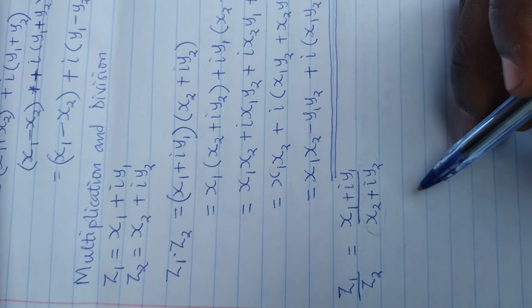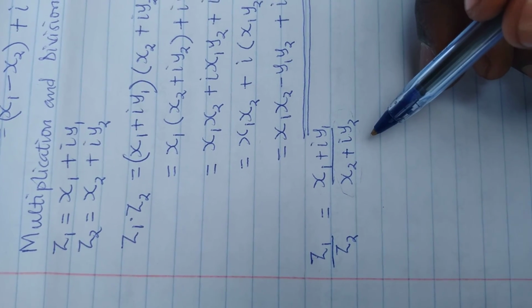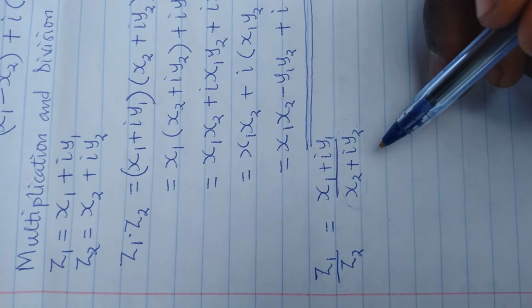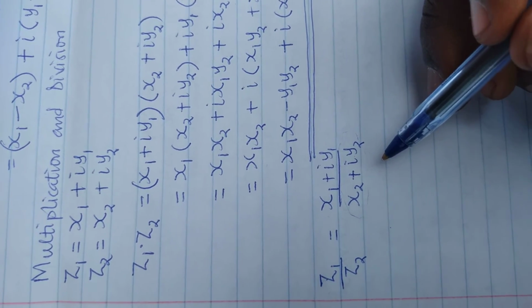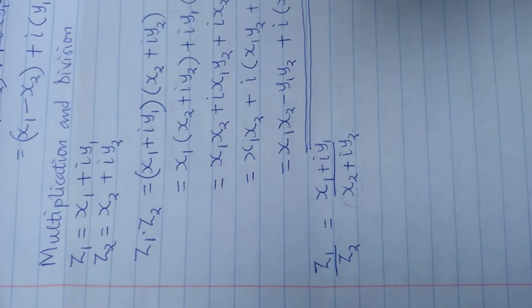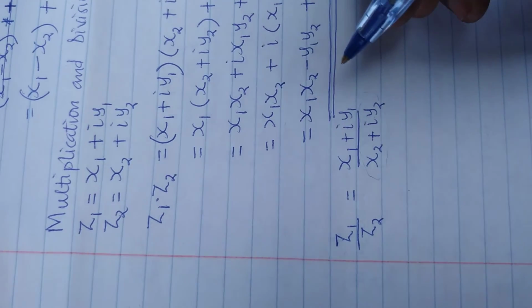As you remember, when you have a surd in the denominator, you rationalize the denominator by multiplying the conjugate up and down. This is the same thing here.